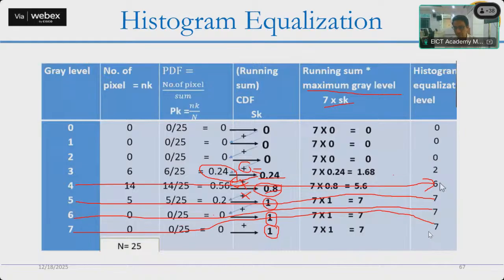That is happening here. But what is your observation?